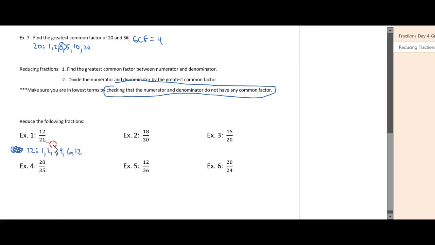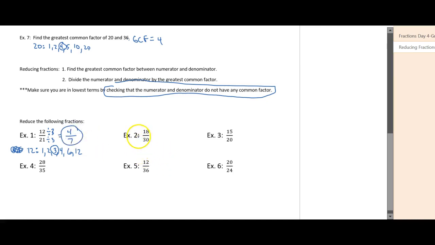Does 12 go into 21? No. Does 6? No. Does 4? No. Does 3? Yes. So we're going to divide the numerator by 3 and the denominator by 3. 12 divided by 3 is 4. 21 divided by 3 is 7.